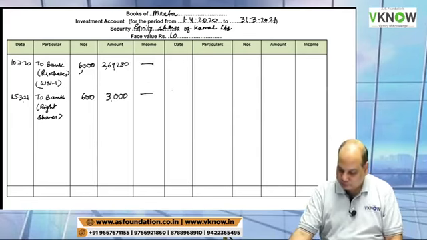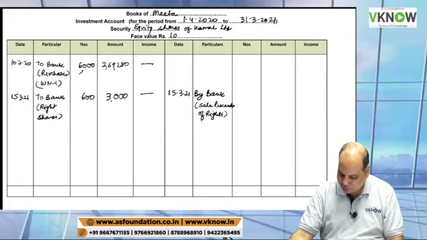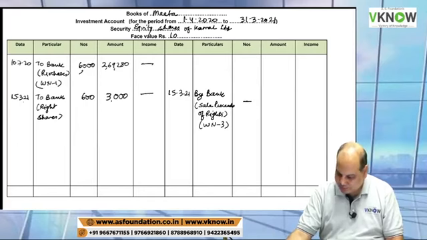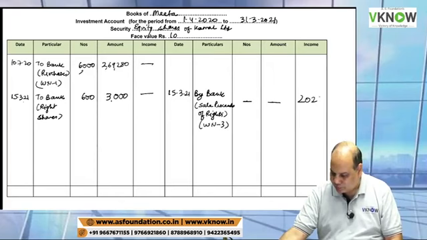And then we have sold rights, by bank, sale proceeds of rights, working note 3, and that was 2025.